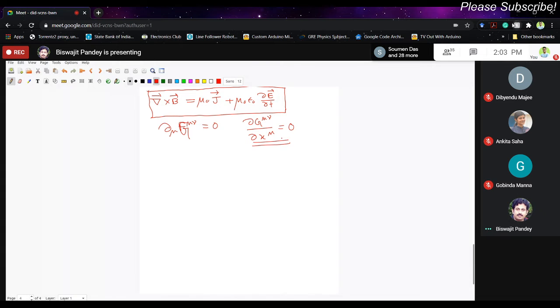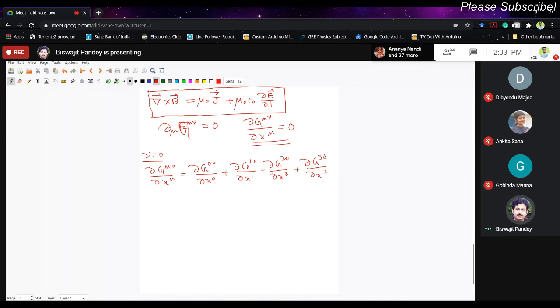This is the equation. So let us start with the nu equal to 0. So if I use say nu equal to 0, what do I get? Let us check it. Nu equal to 0 means del of G mu 0 and del x mu. That means del G 0 0, del x 0, del G 1 0, del x 1, del G 2 0, del x 2, del G 3 0, del x 3.